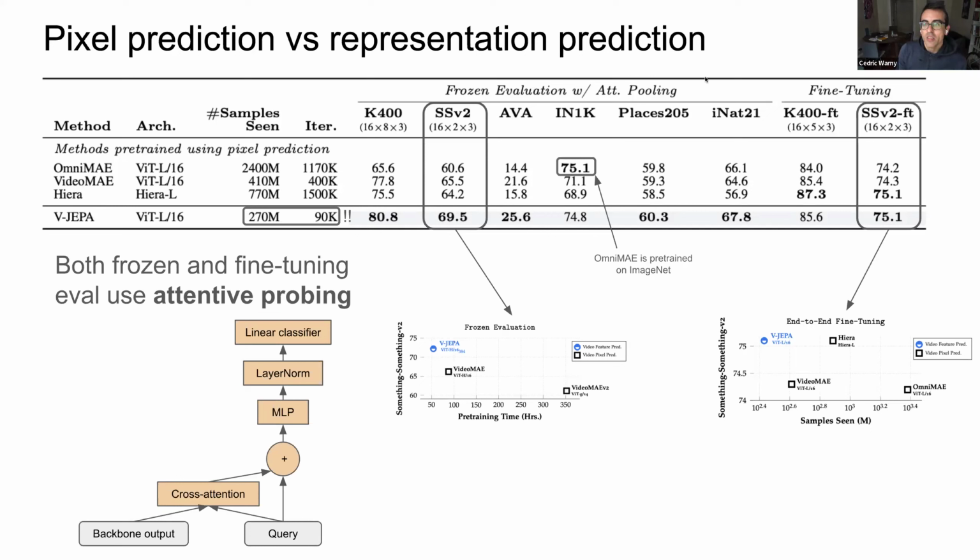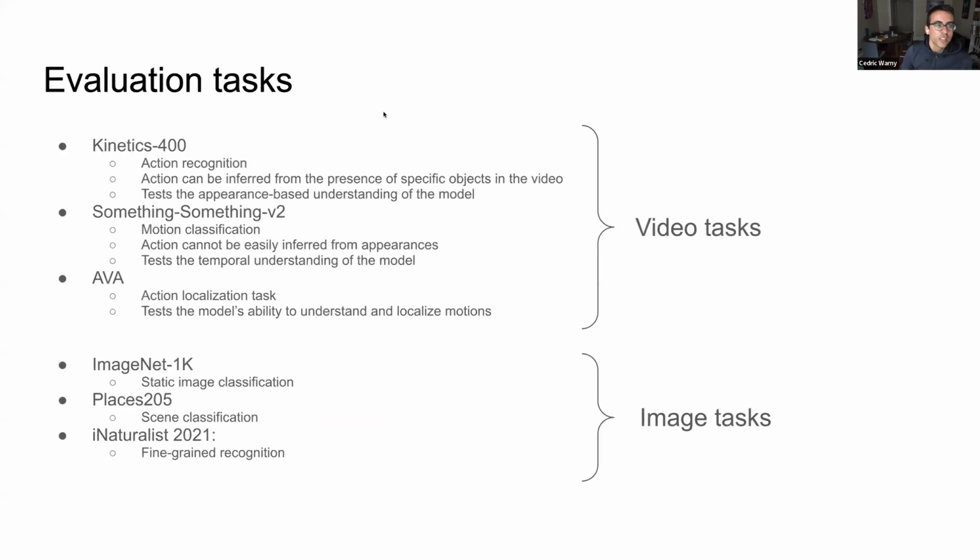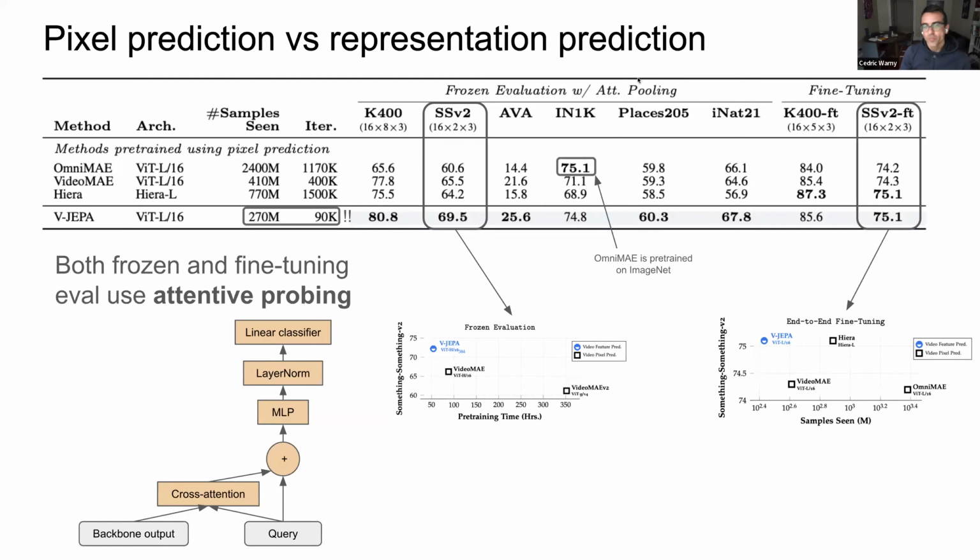Okay, so this part of the table is about frozen evaluation. So again, you freeze the backbone and you do attention pooling here. I'll explain what attention pooling is in a second. And then fine tuning, you fine tune the whole thing, including the backbone. And K400 is Kinetics 400, SSV2 is Something V2, etc.